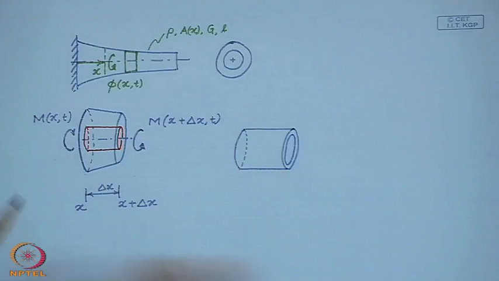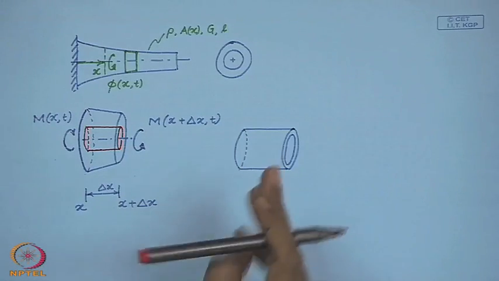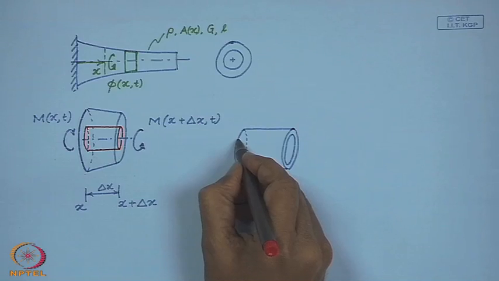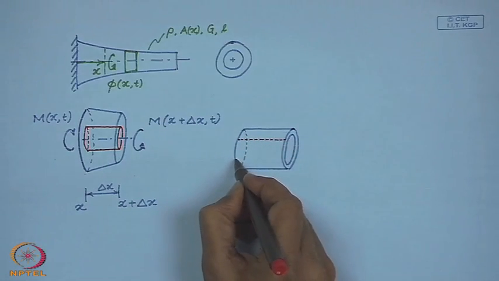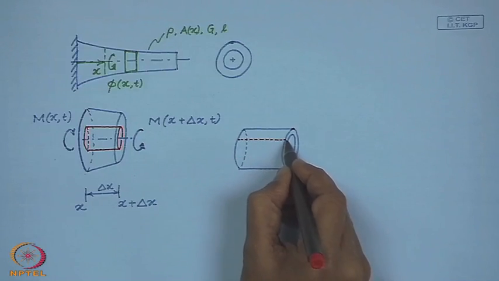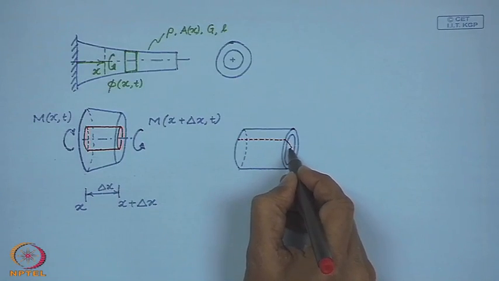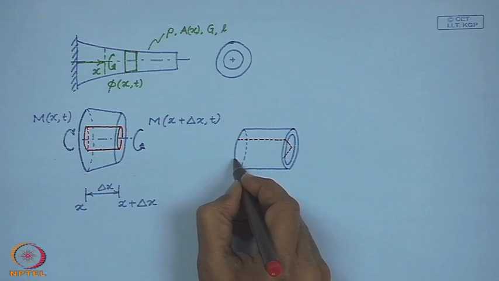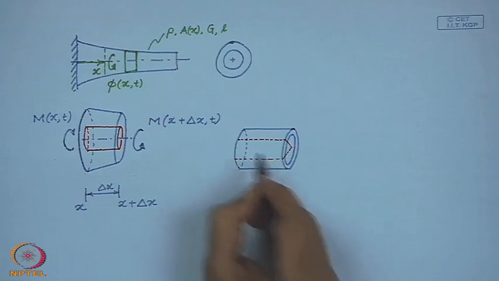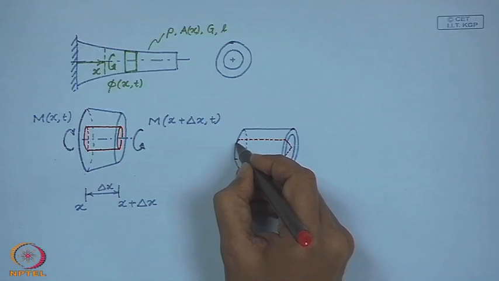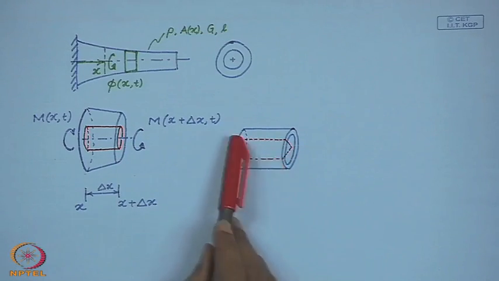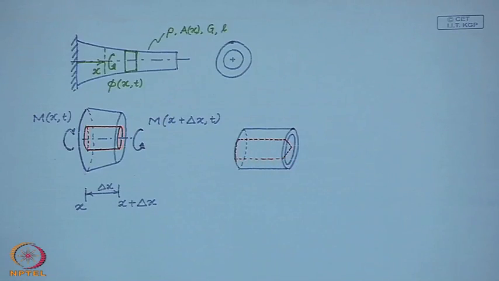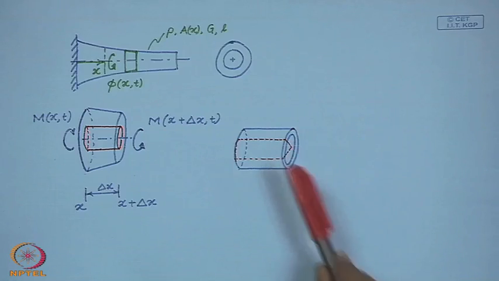Now, consider in the undeformed ring, two axial lines like this and the corresponding radial lines here.